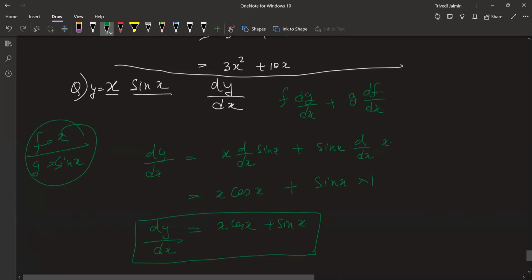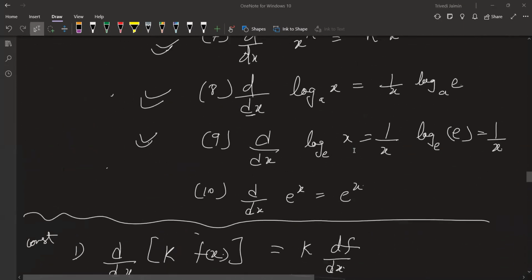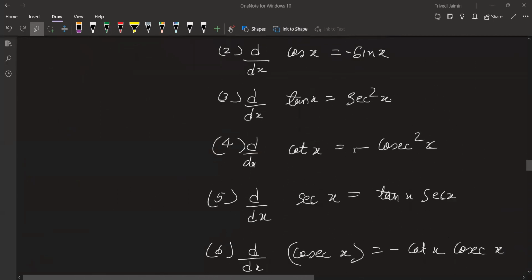Did everyone understand? Yes, sir. So how did we get cos? Okay, this is another rule. Just check your screenshot if you have taken. So I have a screenshot till the 6th one. Oh, is it? Okay, let me show you that also. Yeah, this one.